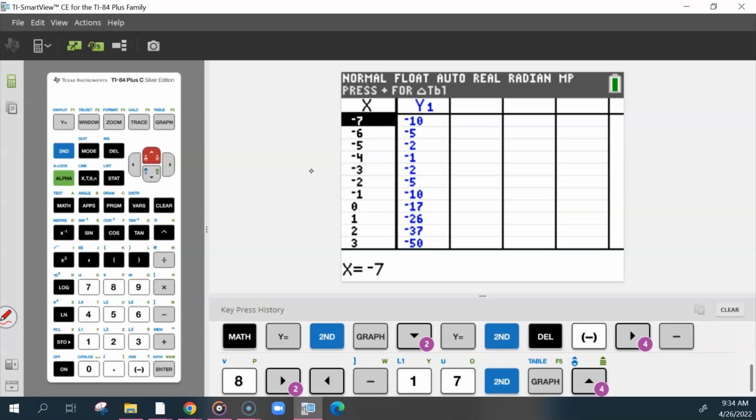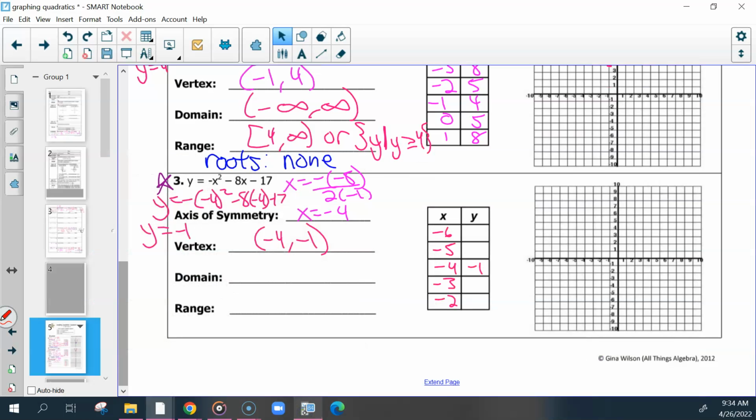So negative 2 and negative 5. I'm sorry, I looked way too far. Because this a value is negative, it would face down.